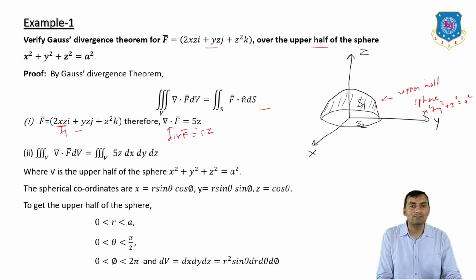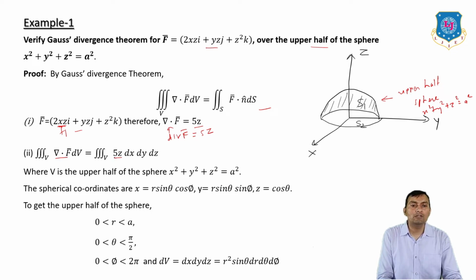So the sum will be 5z. Now the triple integration of the divergence of F dV over the volume V can be written as the triple integration of 5z dx dy dz, because the divergence of F is 5z, where V is the upper half of the sphere x squared plus y squared plus z squared equals a squared.